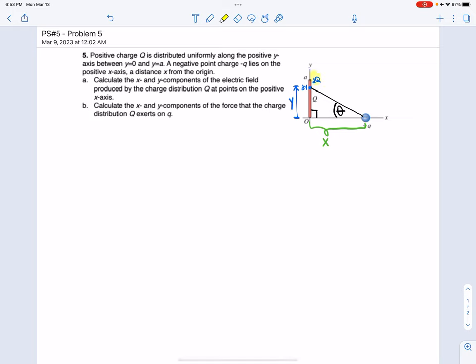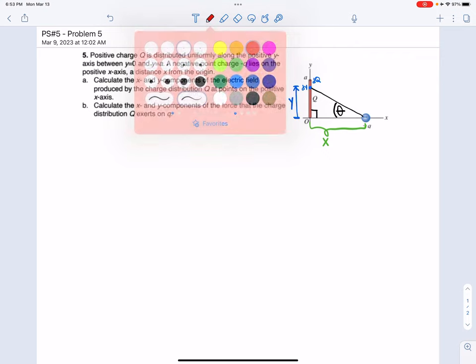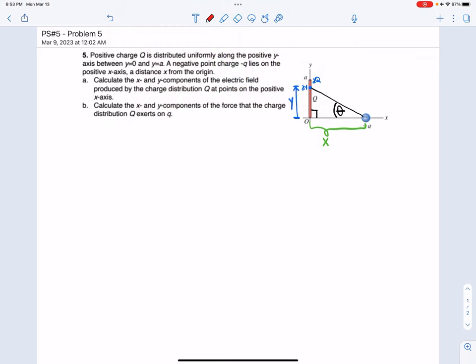And because dq is positively charged and our electric field is experienced by something with a positive charge, because electric field always points to where a positive charge would point, then we know that the dE, the electric field that this location would experience because of this specific dq right there, would point towards this direction, right?